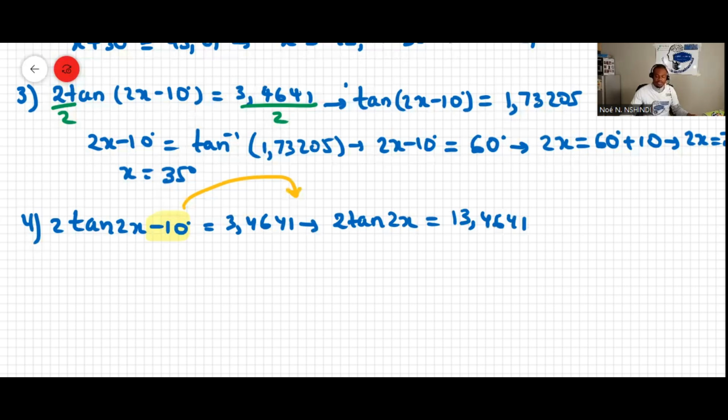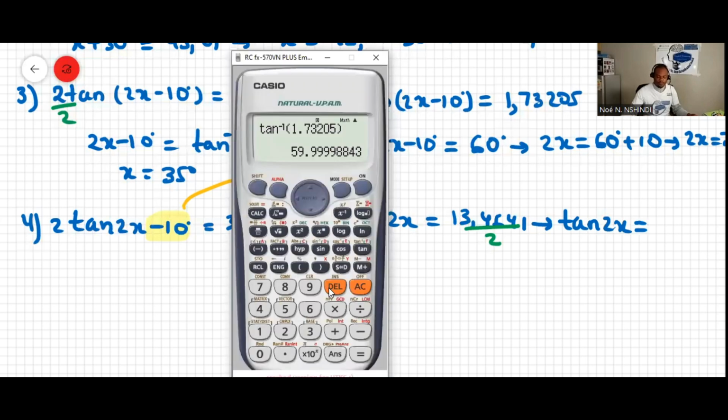Then we can get rid of this coefficient too. I divide by 2 on both sides, and then tan of 2x will be equal to 13.4641 divided by 2.